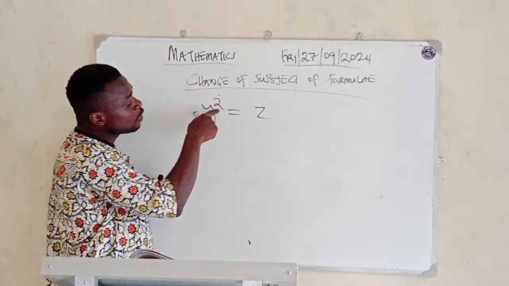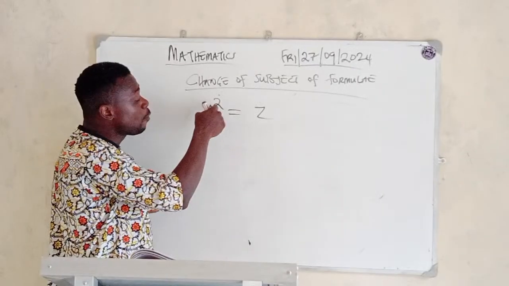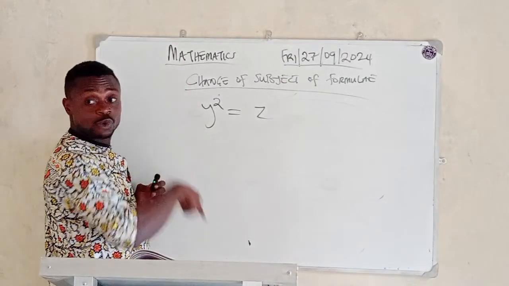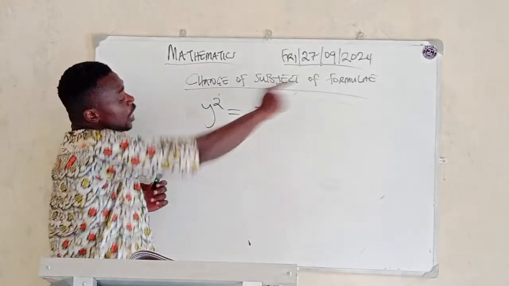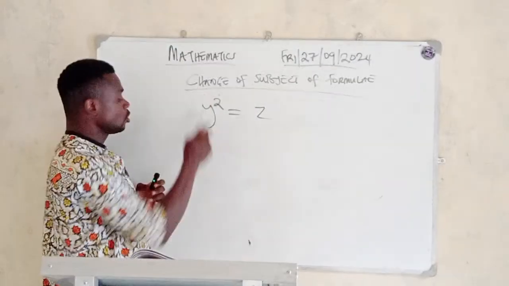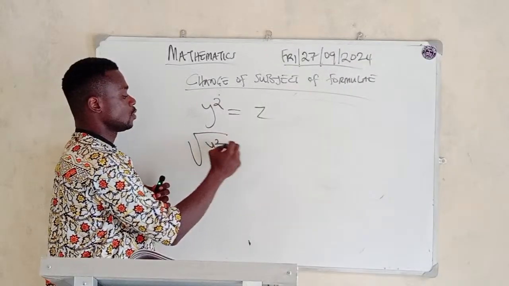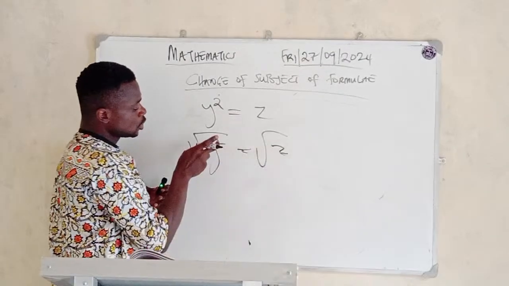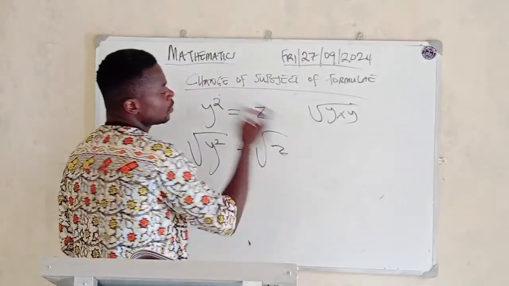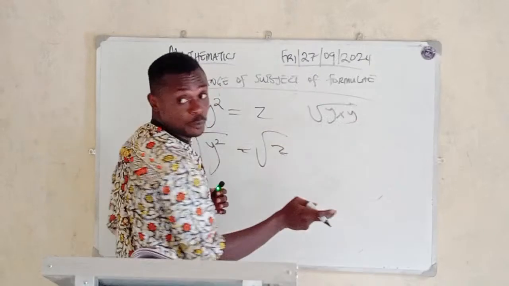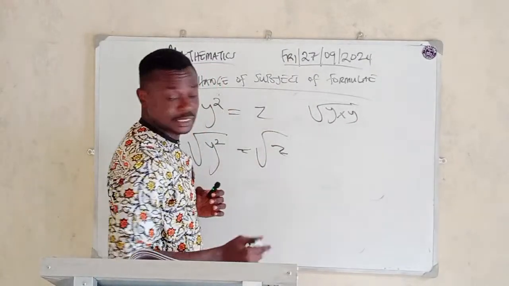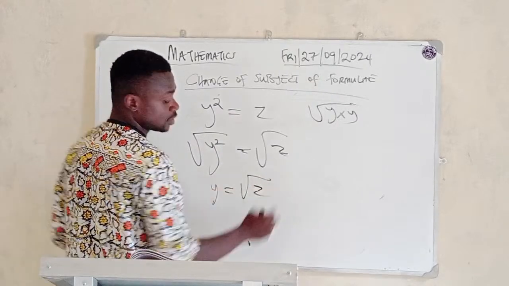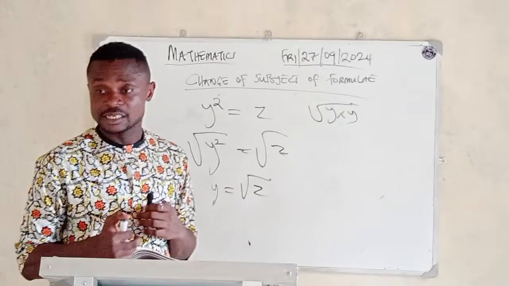Good. You will introduce the opposite of this. Opposite of square is what? Square root. That means you find the square root of both sides. Of course, if this is a perfect square, the square will go, right? So we are left with y is equal to the square root of z. Does it make sense?